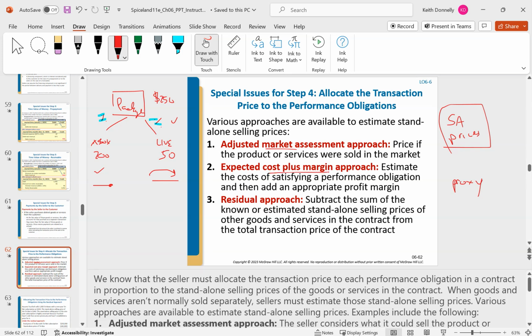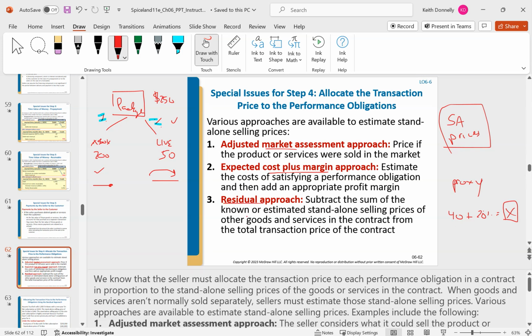Alternatively, we could figure out a standalone price, a proxy, by doing cost plus a profit margin. Maybe providing this Xbox Live for a year is going to cost us $40, and we'll add on top of that a 20% profit margin to figure out what our standalone price is.